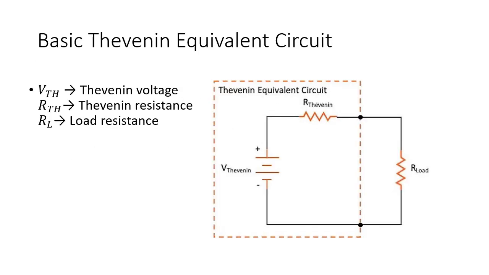Next is the basic Thevenin's equivalent circuit. The basic Thevenin's equivalent circuit consists of Thevenin's voltage VTH, Thevenin's resistance RTH and the load resistance RL.